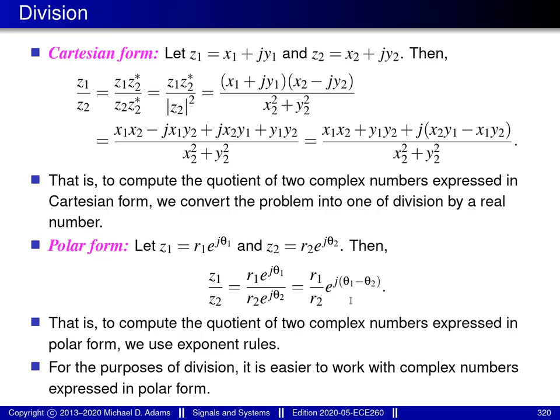And the takeaway from this slide essentially is if you're doing division, it's much preferable to have complex numbers expressed in polar form, because it's much easier to do a computation like what's shown here than what's shown at the top of the slide.